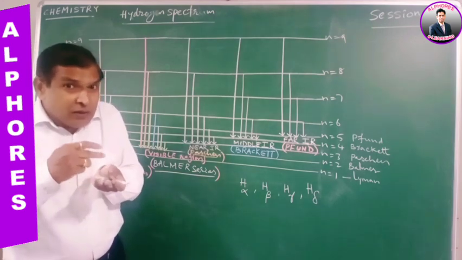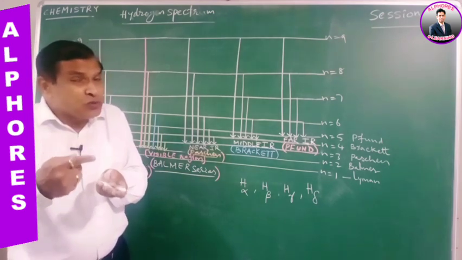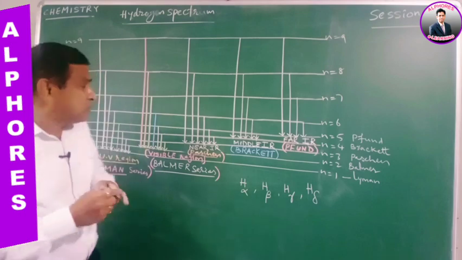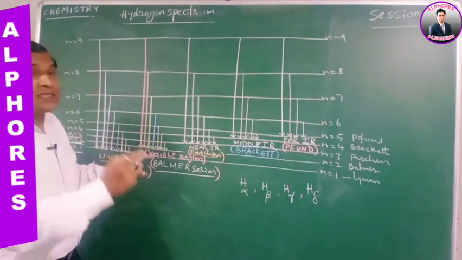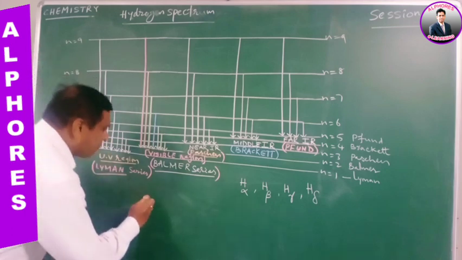What is the next level after 2? That is n equals 3, the third orbit. So that is why 3 to 2 is the first line in the Balmer series.